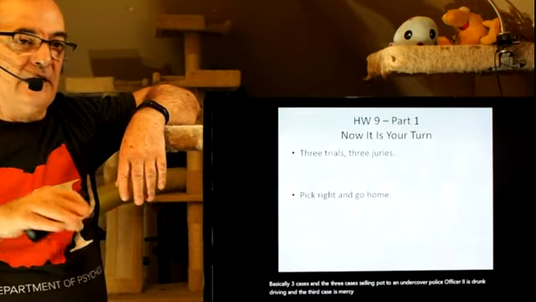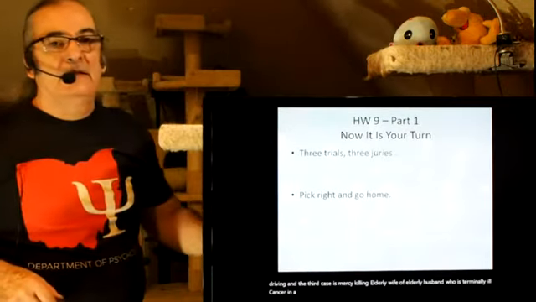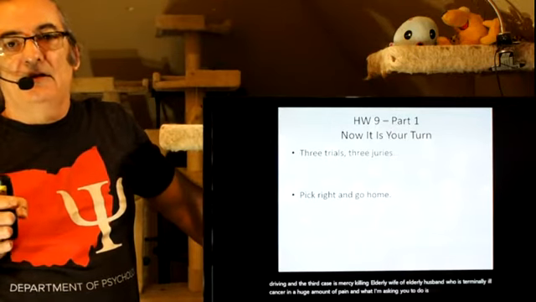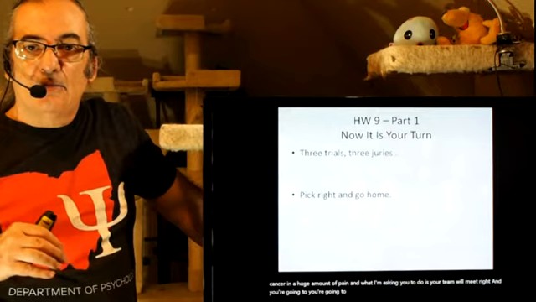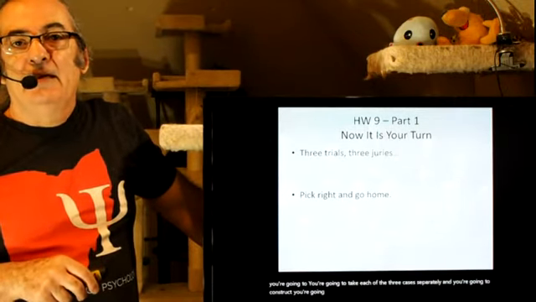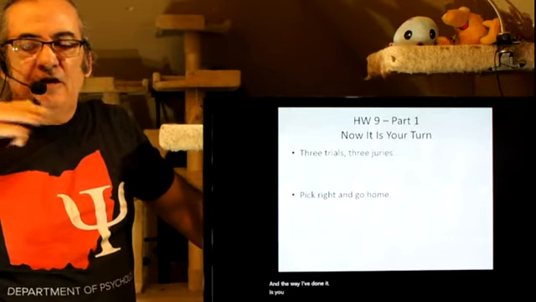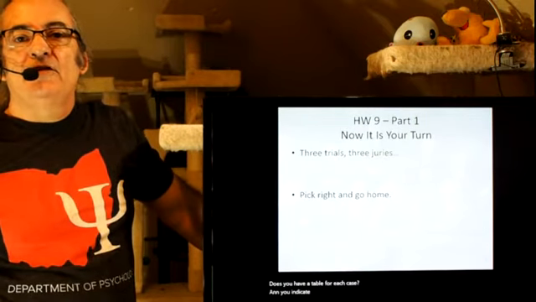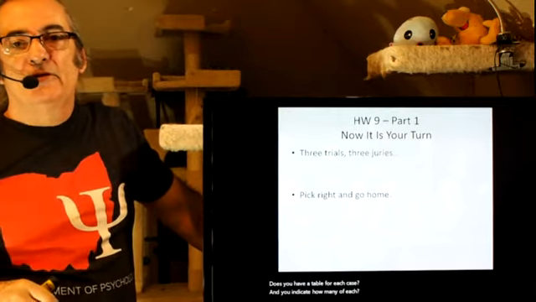Elderly wife of an elderly husband who's terminally ill with cancer and in a huge amount of pain. What I'm asking you to do is your team will meet, and you're going to take each of the three cases separately and choose the jury you want. I've done it so you have a table for each case, and you indicate how many of each demographic you want to comprise your jury pool.